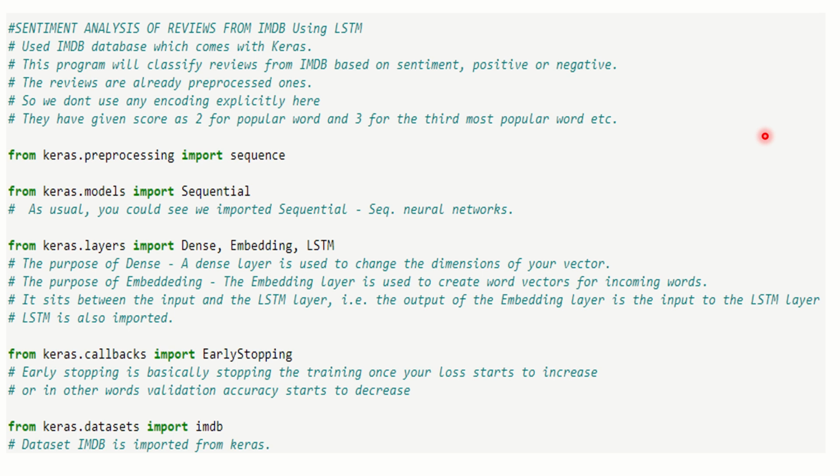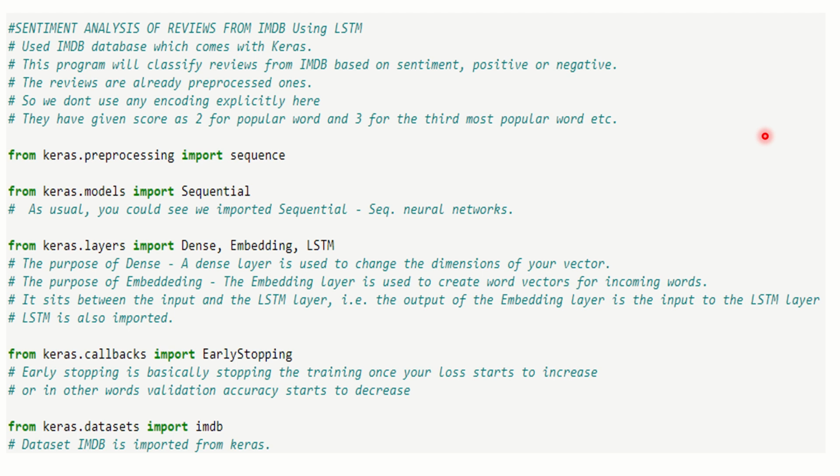Now, what we are going to do is use the IMDb database which comes with Keras. It's very simple. The program that we are going to write will classify the reviews given from IMDb, which are based on sentiment, as positive or negative.